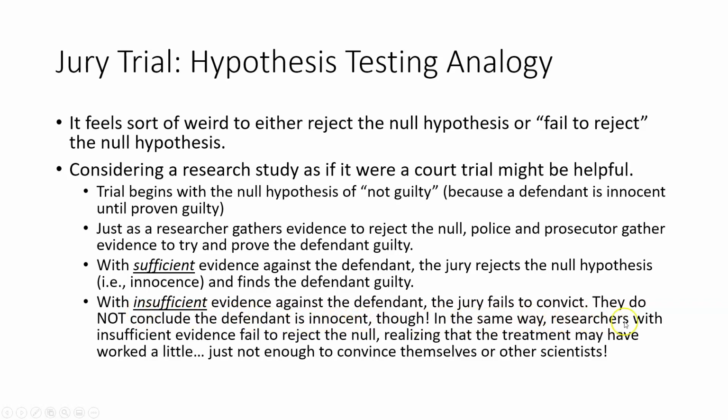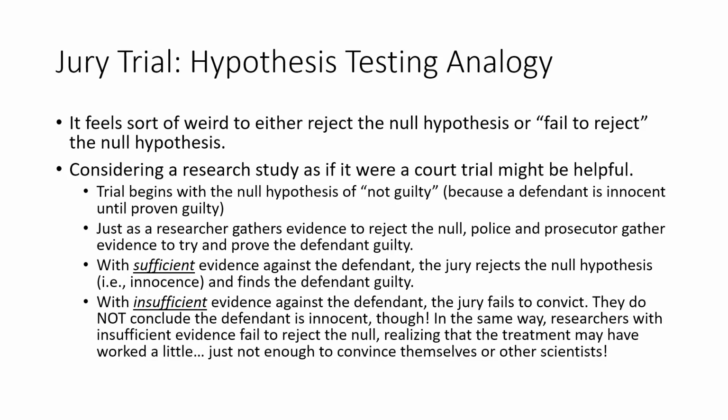In the same way, researchers with insufficient evidence fail to reject the null hypothesis, realizing that the treatment might actually have worked a little, just not enough to convince themselves or other scientists that it worked. In a jury trial, we might say we didn't provide a preponderance of evidence to suggest that the person is guilty, and so we let them go and we don't convict them, even though we don't know whether they did commit the crime or not.